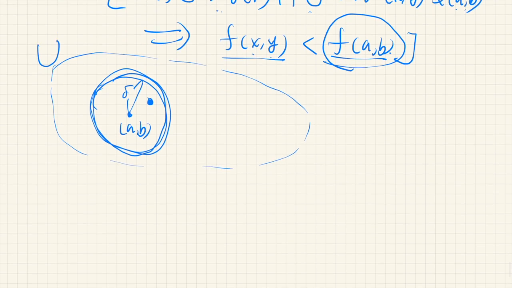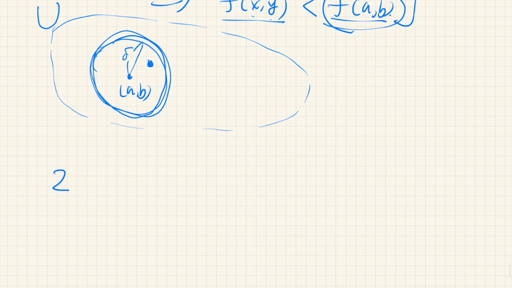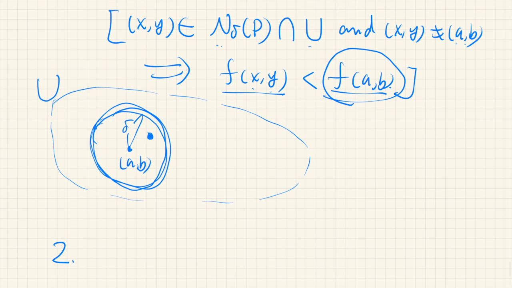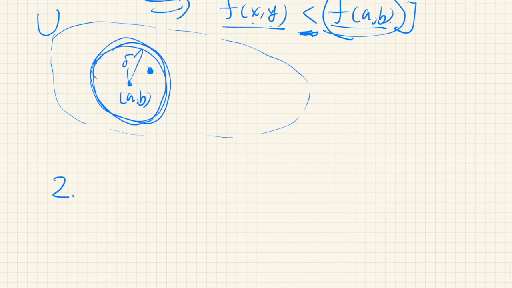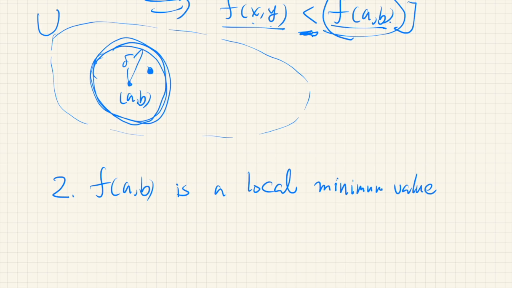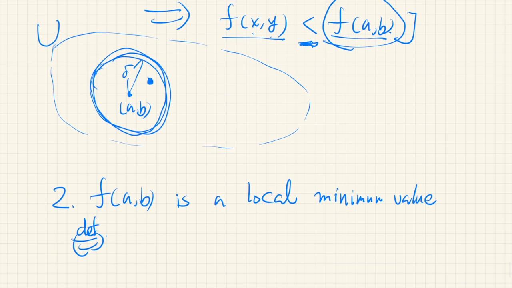And the definition of a local minimum is similar, but we only reverse this inequality. So we say f of a b is a local minimum value. What we mean by this is the following.